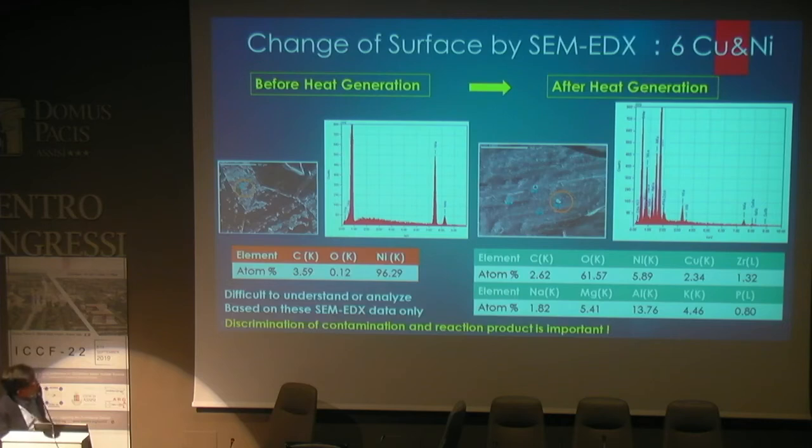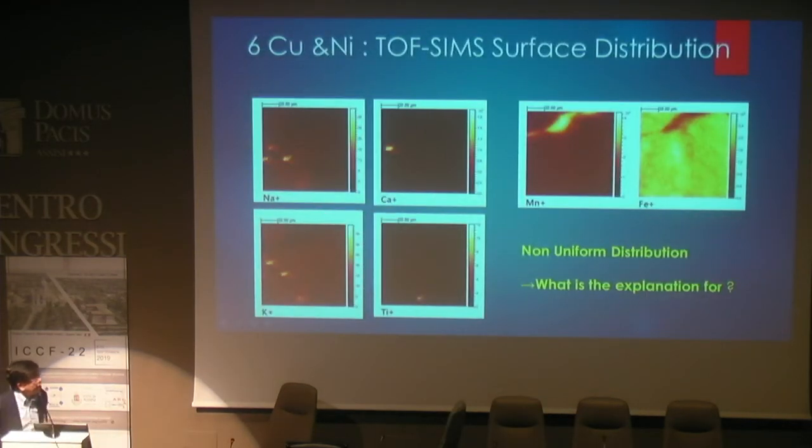So, I'll show you other data. For the same sample after the heat generation, if we use TOF-SIMS, the surface distribution is here. This is the sample surface, and the surface distributions of sodium, calcium, potassium, titanium, manganese and iron are here.